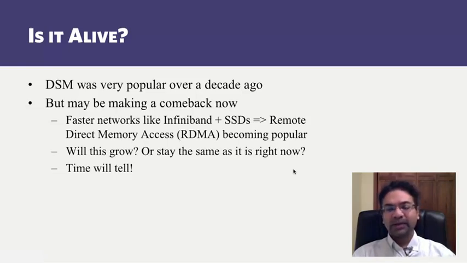Remote direct memory access, also known as RDMA, where one machine or a processor on one machine accesses the RAM of another machine over the network, that is becoming more and more widespread now. It's becoming more realistic now. And only time will tell whether DSM or distributed shared memory will make a comeback and become more widespread in today's machines. As of now, it's not really very widely used today.